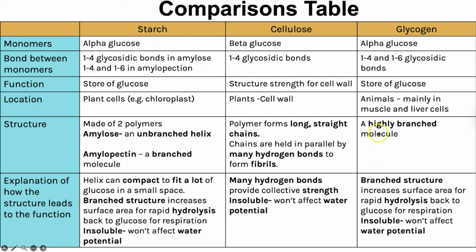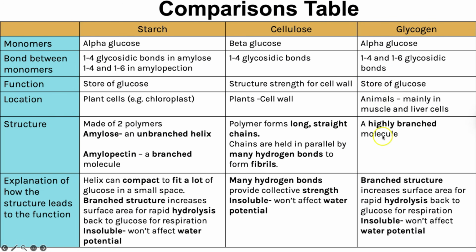And this means we have even more branches and you get an even more rapid hydrolysis of glycogen back into glucose for respiration. The advantage here is glycogen is the store of glucose in animals, and animals move. They might have to run from a predator, and for that you need muscle contraction, which requires ATP from respiration.